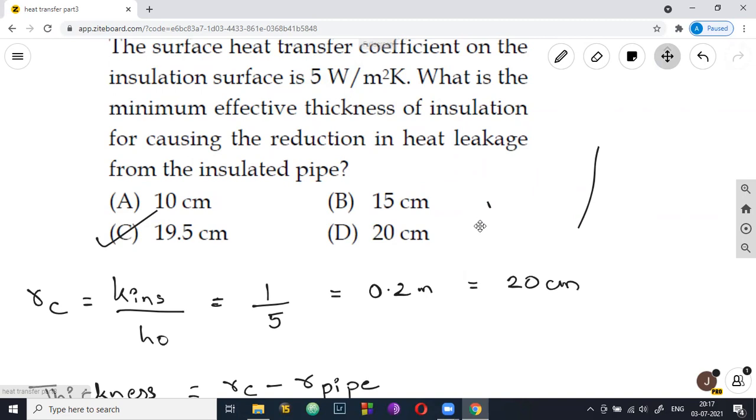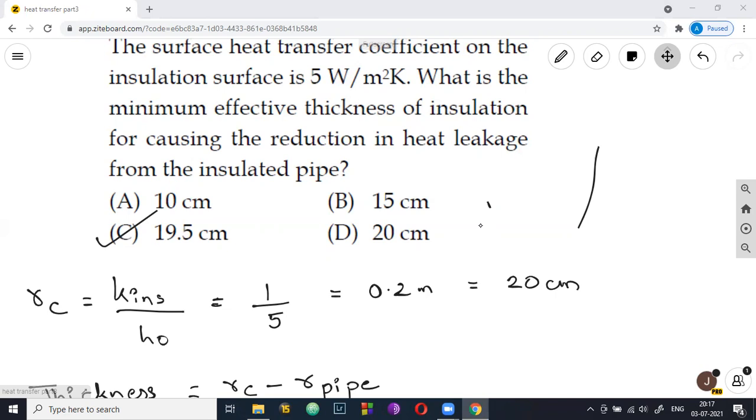So guys, 3 problems of insulation I did. Is that clear? Any doubts in the insulation idea? Anyone has any doubt? Please ask me the questions. Guys, please respond. Are you able to follow it? Yes, sir.